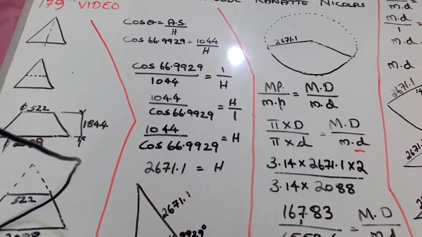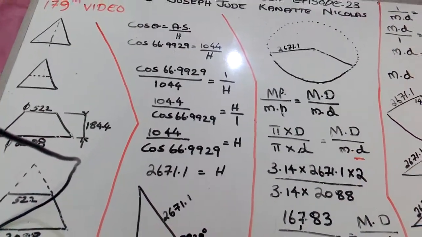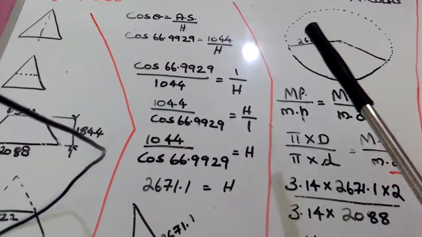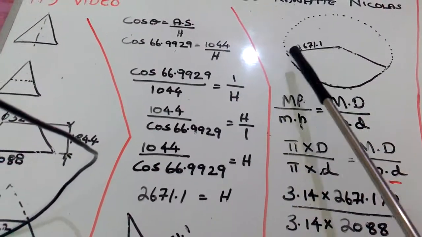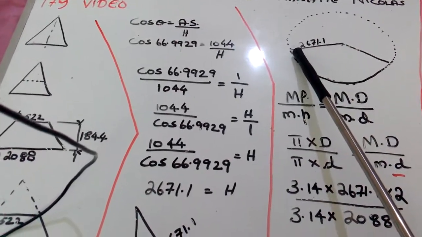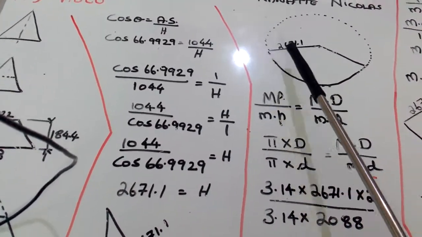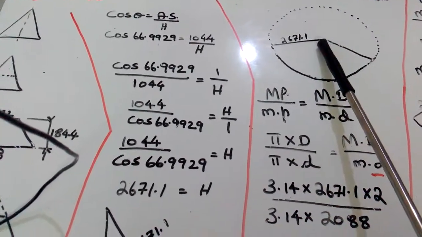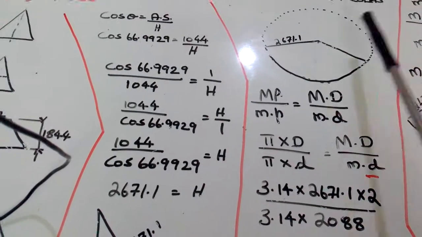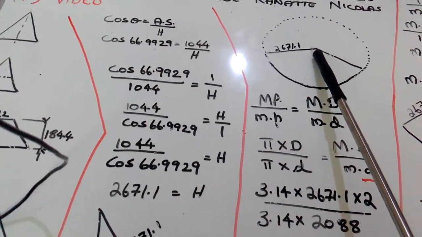If we have to find that, we have to use the formula pi D. Pi we know. What is the diameter? It shouldn't be 2671.1 because that is the radius only. Diameter will be 2 times bigger. Otherwise 2671.1 has to be added one more time. Another way we can say, 2671.1 has to be multiplied by 2.